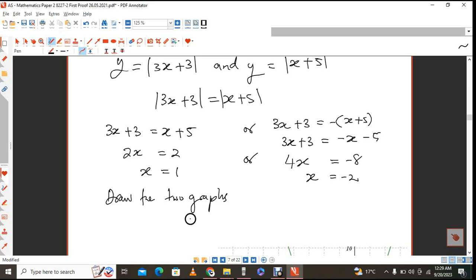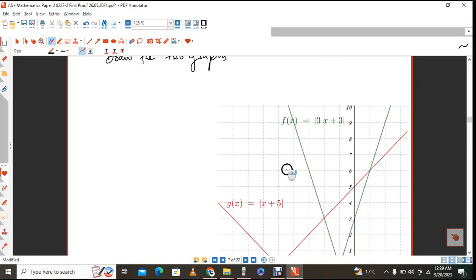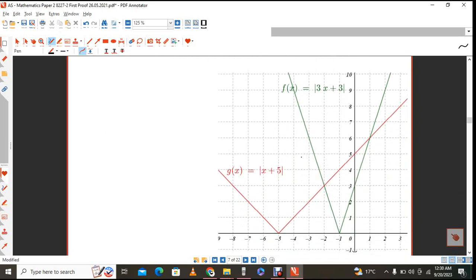This is what you need to see. You see that the green one is the graph of f of x equals the absolute value of 3x plus 3, and g of x equals the absolute value of x plus 5. Now, the solution occurs because you must understand that our scenario was the absolute value of 3x plus 3 is less than the absolute value of x plus 5.